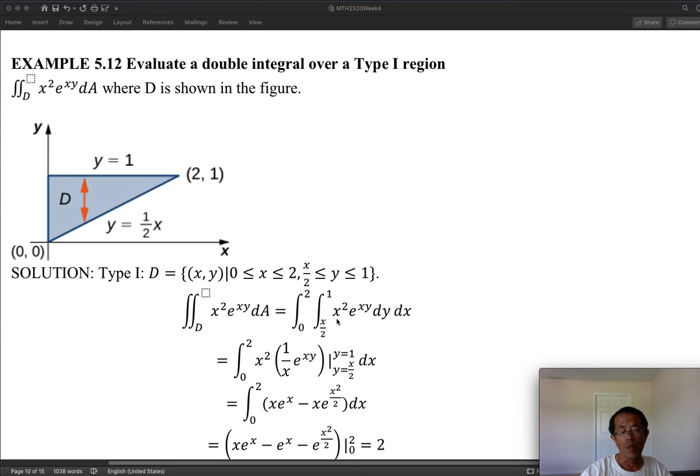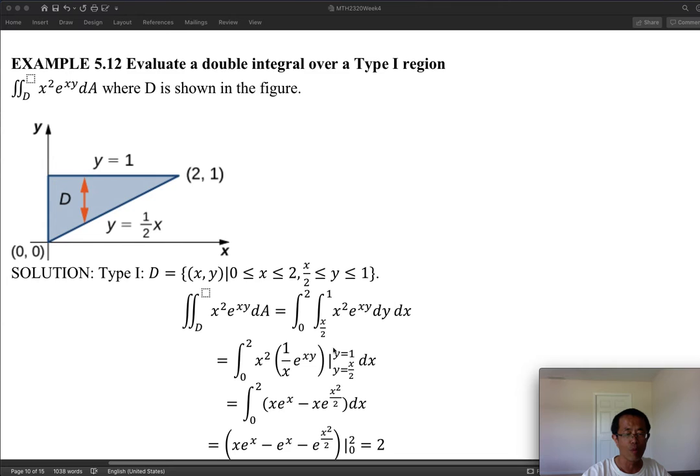And then evaluate this integral in terms of y first. I hope you can understand this part of the writing. x squared is a constant, so it stays. So this is the derivative of e to the xy, with x constant. So the antiderivative I'm having here is 1 over x times e to the xy.